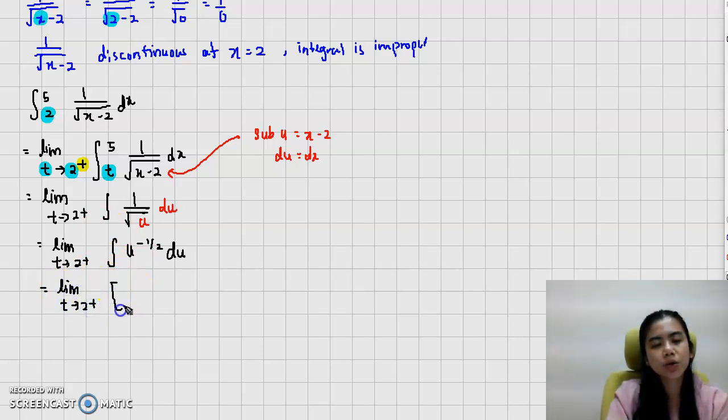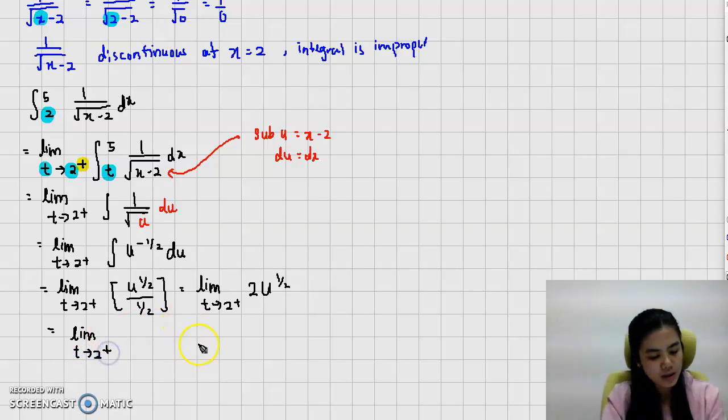This is actually equal to u to the 1 over 2, over 1 over 2. This is actually 2u to the 1 over 2. Now try to sub the u back.